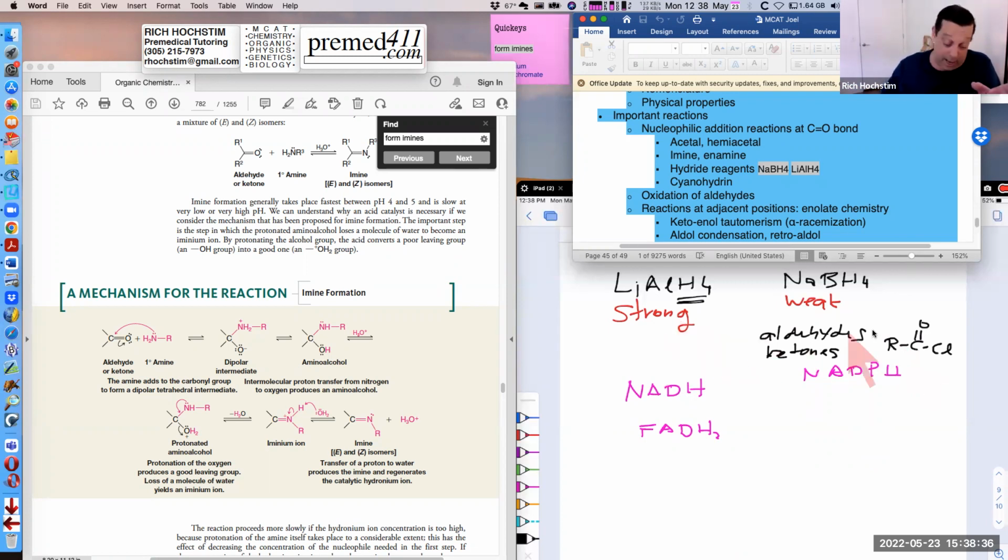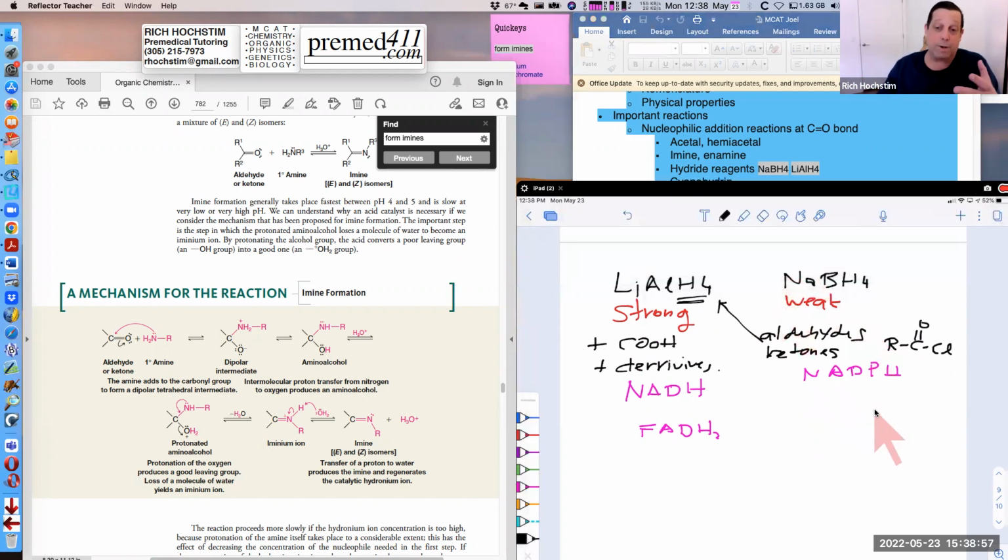Lithium aluminum hydride is going to react with all of these. Plus, it's also going to react with carboxylic acids, plus the derivatives, which is a lot. So that's why you want to use one or the other. You want to use one or the other because you want to know what you're going to get. And this will allow you to make a choice based on the strength of the reducing agent.